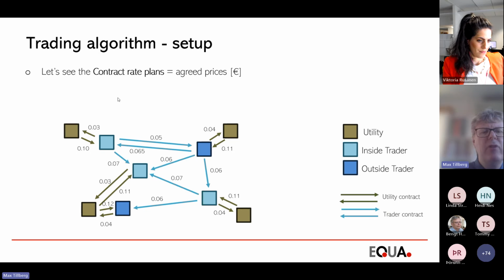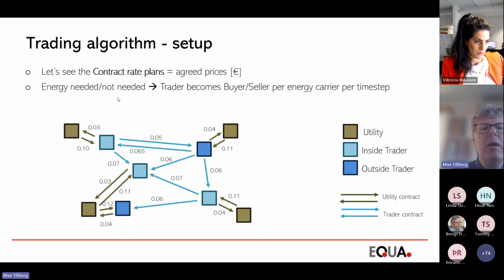And then you get some pricing in between the traders as well. And then we need to define in every point of time what will happen. So for each time step, we need to know what these traders need, how much energy do they need, or their excess.